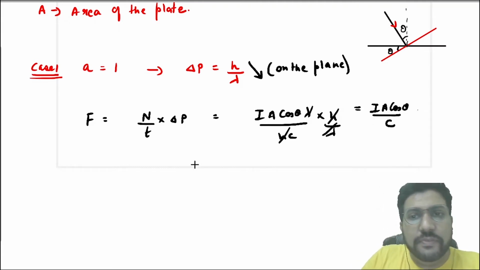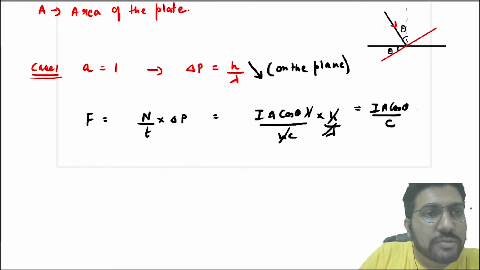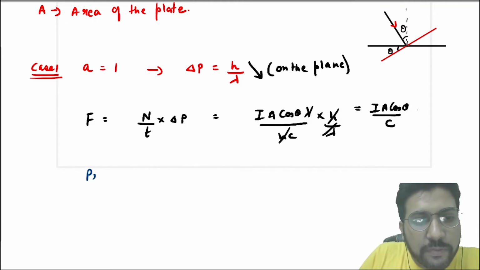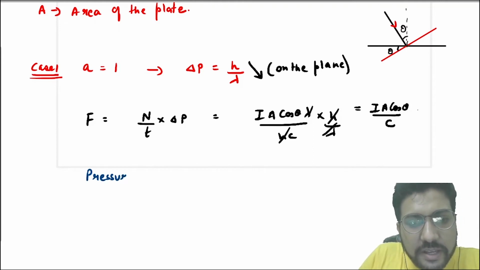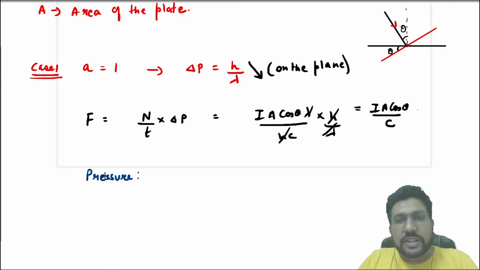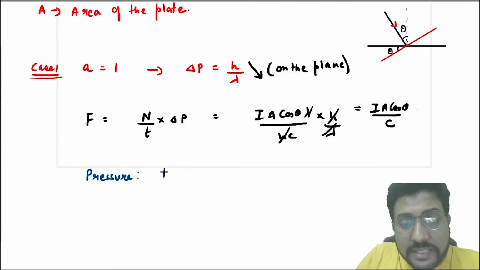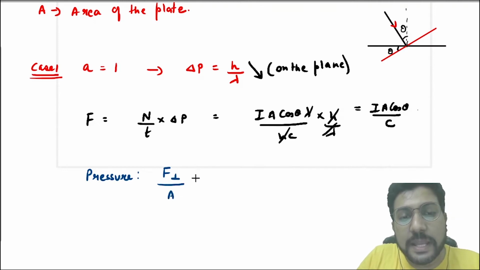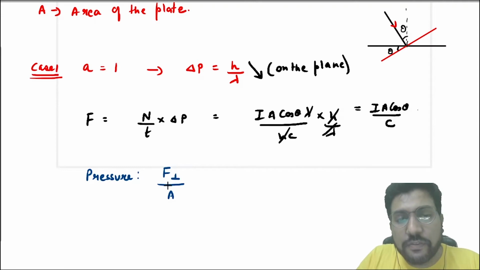Now once you get the force, they'll ask you the pressure. Now finding the pressure is tricky here. Why? The pressure is defined as the component of force which is perpendicular to the surface divided by area. Okay, so the pressure is defined as the component of force which is perpendicular to the surface divided by area.